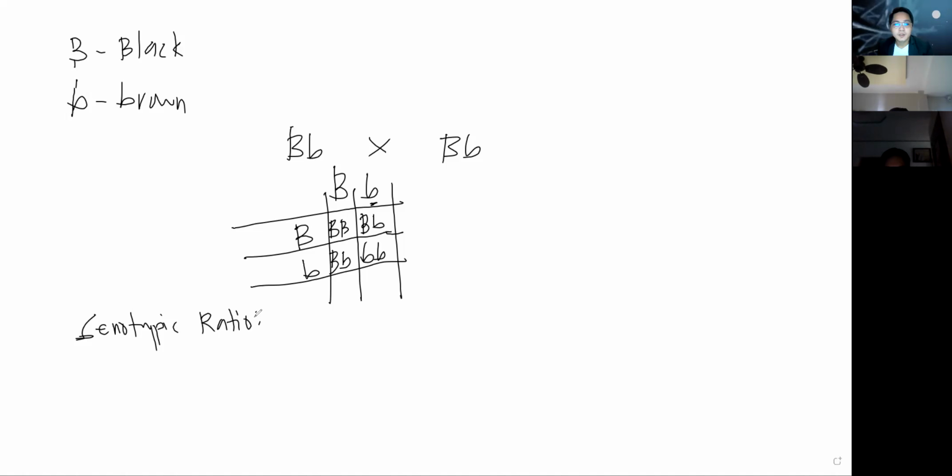For the genotypic ratio, we can see here this one is homozygous. Homo means one, correct?